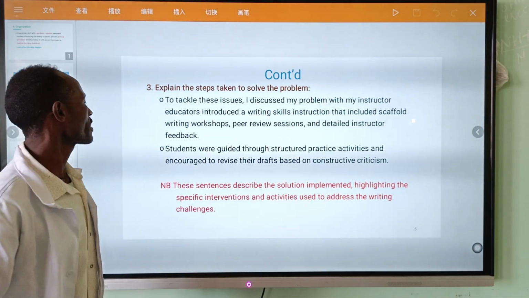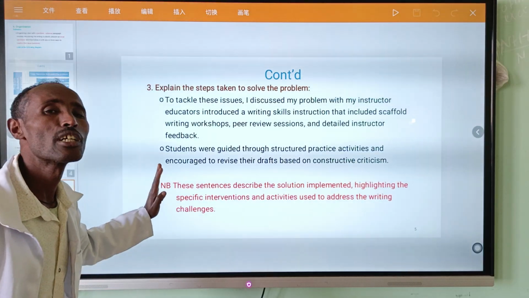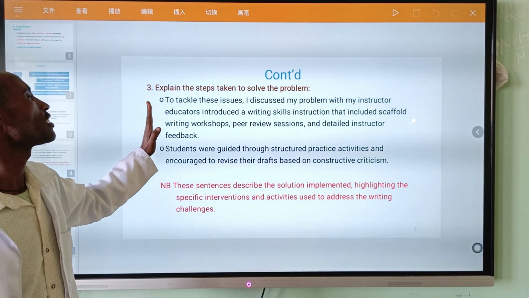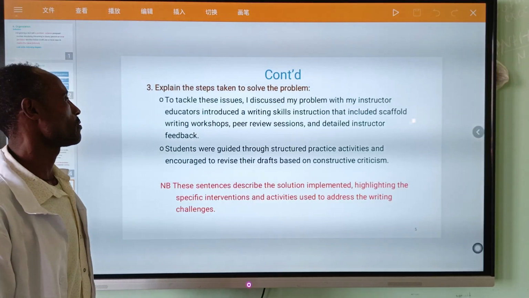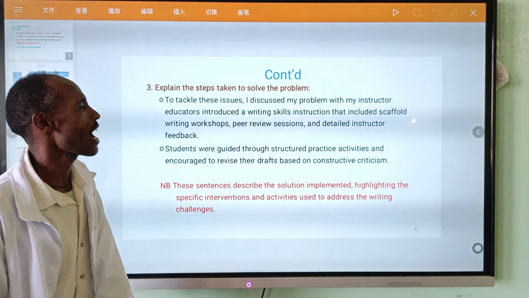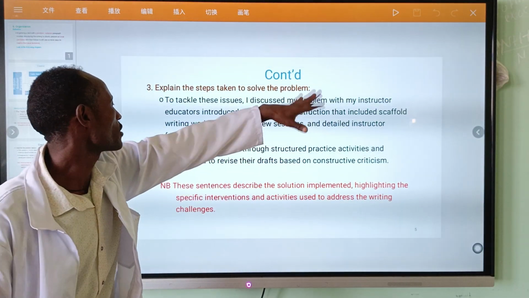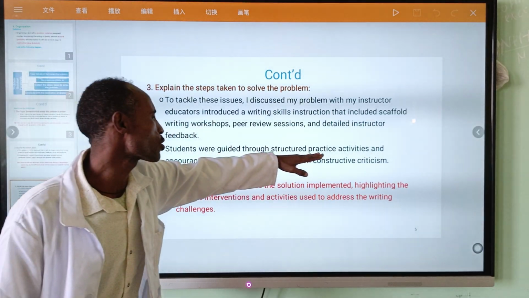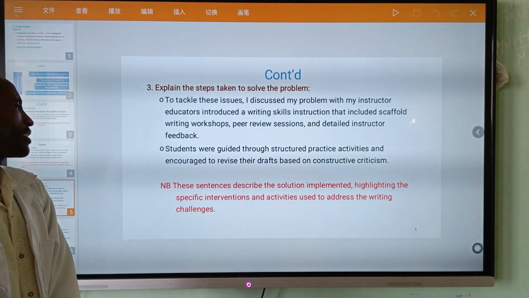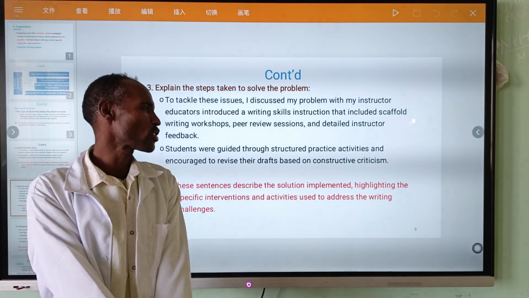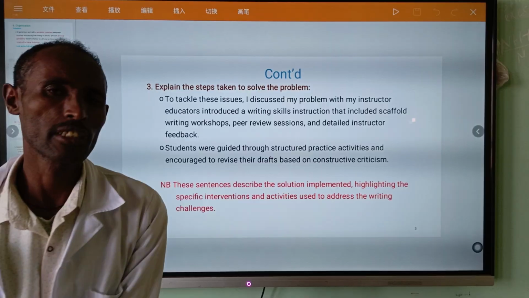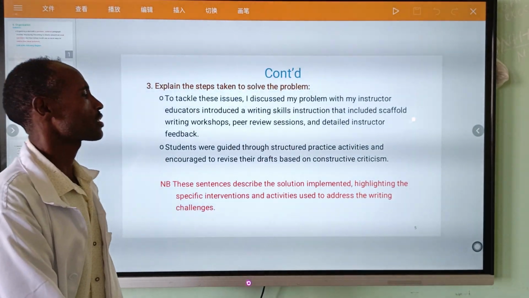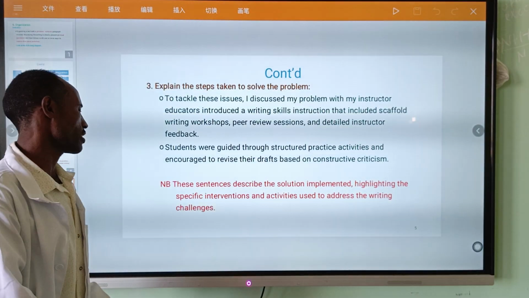In the model text, there are two actions that were taken to solve the problem. One, "To tackle these issues, I discussed the problem with my instructor." The second, students were guided through structured practice activities and engaged to revise their drafts based on constructive criticism.